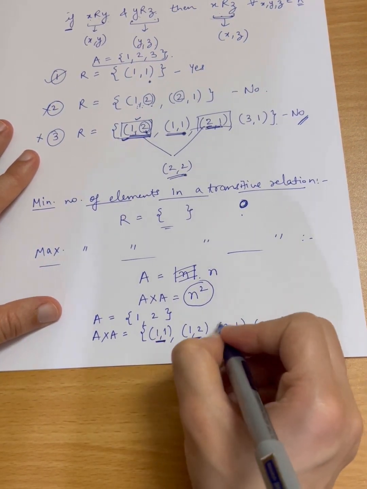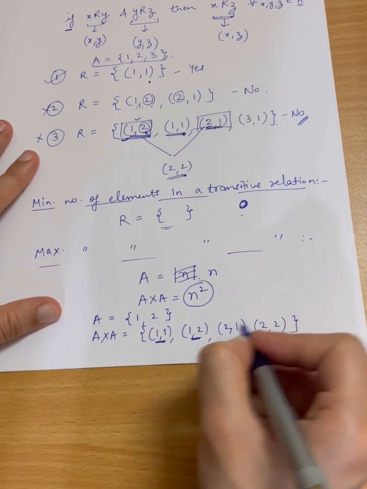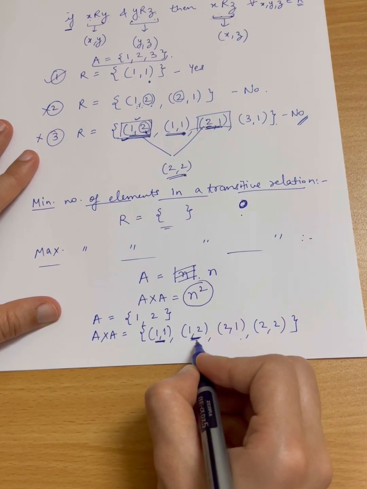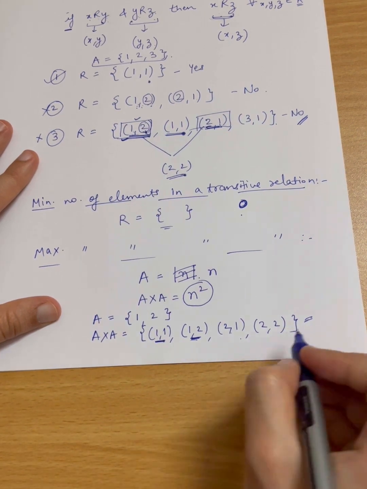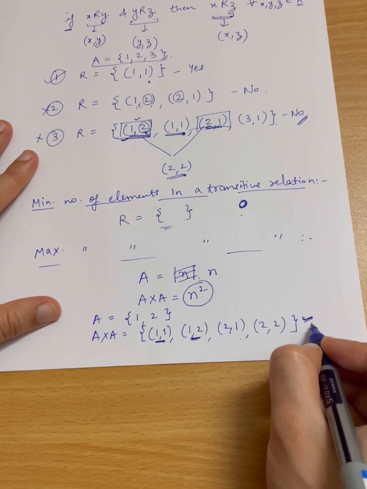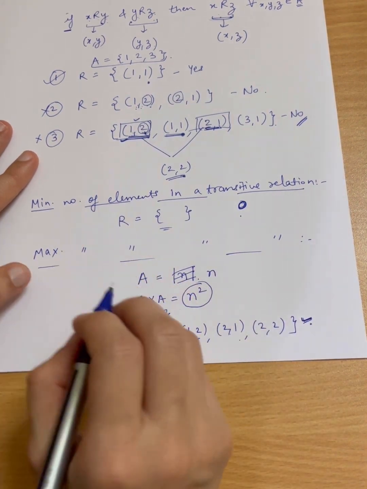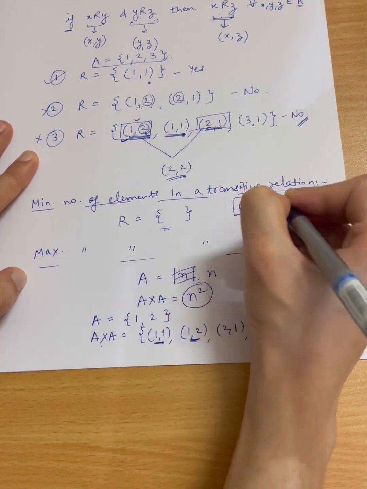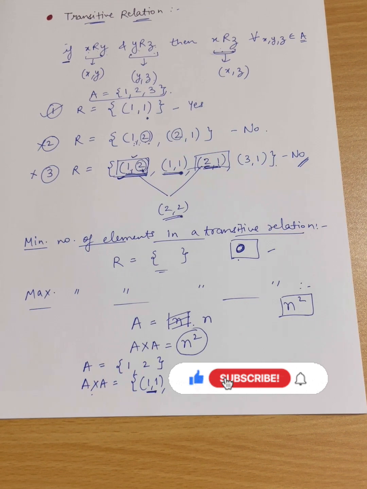If (1, 2) and (2, 1) are present, (1, 1) is present. If (1, 2) and (2, 2) are present, definitely (1, 2) is there. If (2, 1) and (1, 2) are present, (2, 2) is there. So all the possible elements which we want are here. So definitely the maximum number of elements is n square and the minimum number of elements is 0. So in this video we covered the transitive relation.